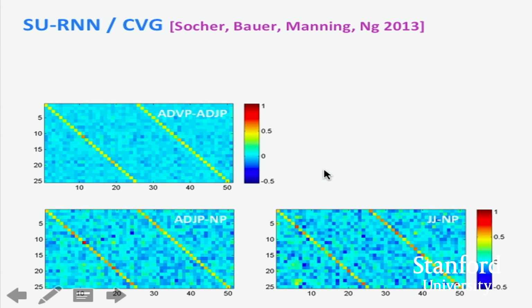And here are some other examples. If you're putting an adjective together with a noun, so this is something like red chair, it's learning that you're getting quite a lot of information from both sides. This is a whole adjective phrase and a noun, so this is something like extremely dark movie. So you're again getting lots of information from both sides.